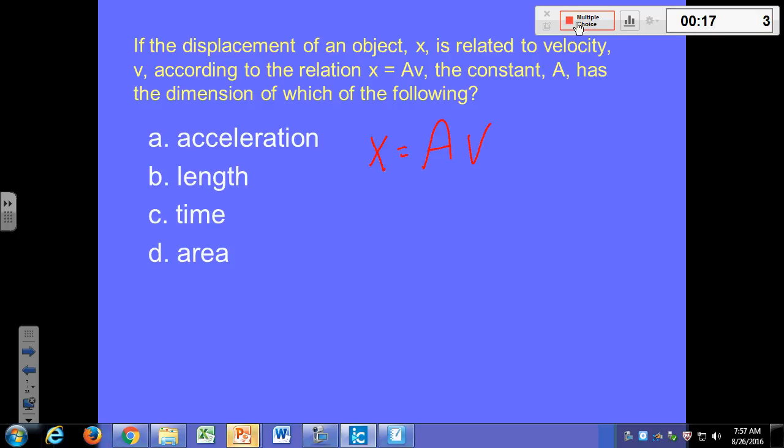Hold on, we'll do this one, then I'll change the colors. I know the colors aren't real great on this. But I have x equals av, x is position, v is velocity. What are the units of a? Go through our dimensional analysis. You need to figure out what the units of a are so that this side will have the same units as this side.